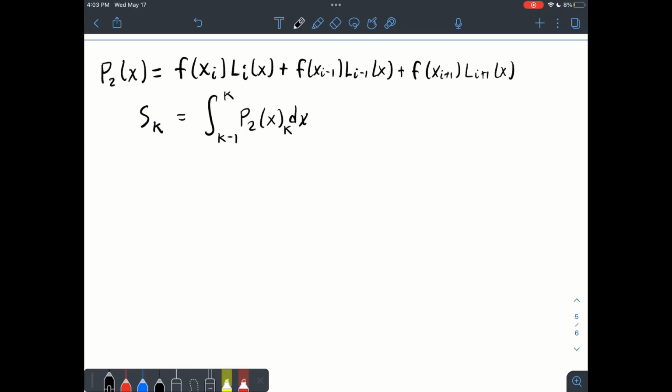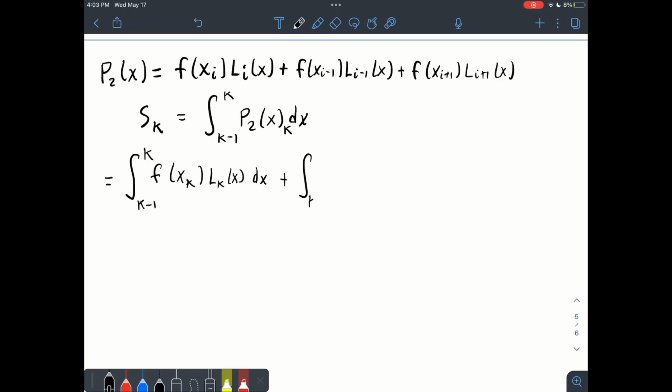So let's start with the first part. We can rewrite this as the integral from k minus 1 to k plus 1 of f(x_k) L_k(x) dx. I might get the indexing screwed up a little bit here.